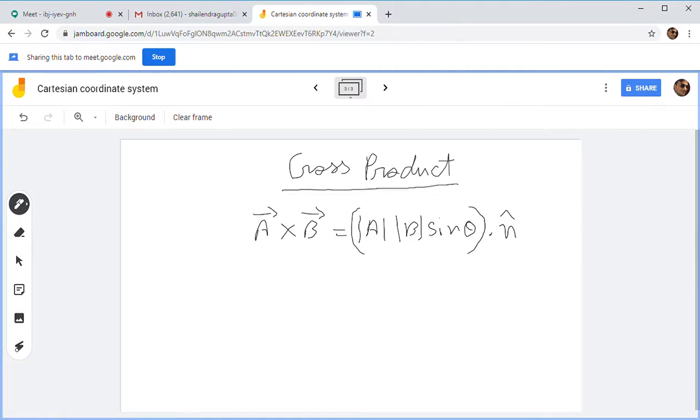Always mind you, dot product gives you a scalar quantity and cross product gives you a vector quantity. So this cross product will be very useful when you study magnetostatics.